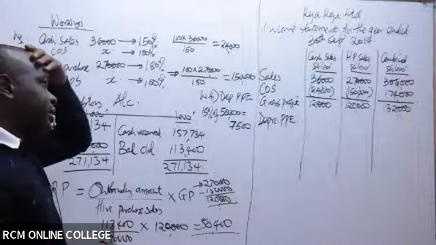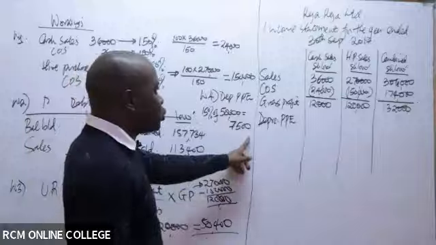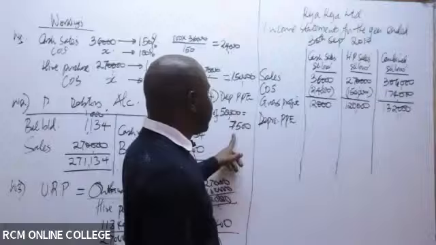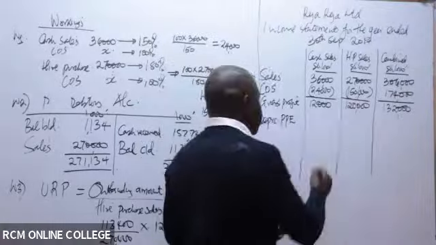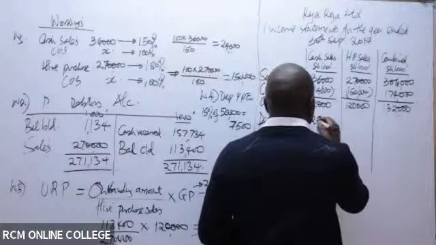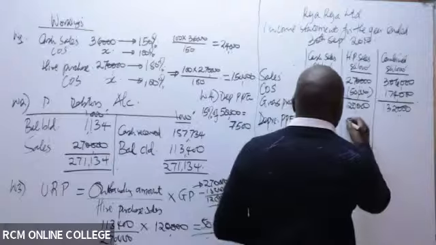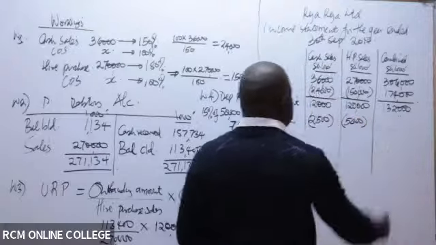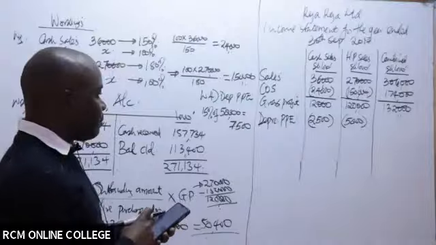You've been told that for the cash sales, we will apportion a third of this. A third of this is 2,500. So less depreciation of 2,500, the remainder is 5,000, which will go to the hire purchase sales.